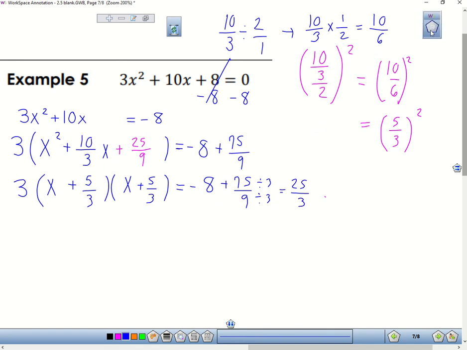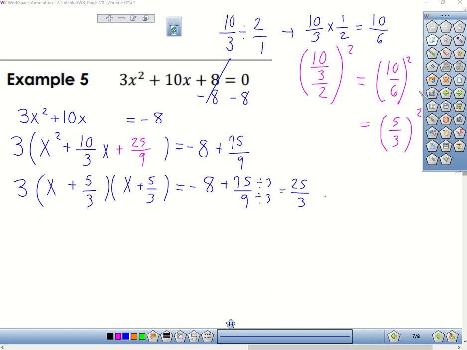So I'm going to make it look more simple and erase the 75 ninths part because it looks too complicated. So we have 25 thirds plus negative 8. How would I add negative 8 and 25 thirds? I have to find a common denominator. Our common denominator here is 3.